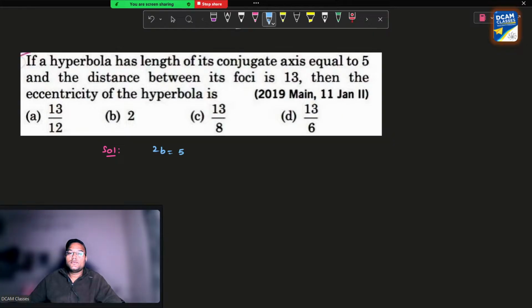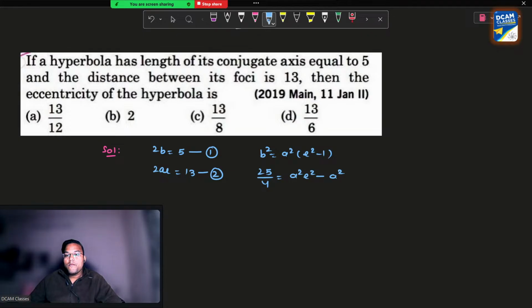2b is equal to 5e, when the distance between the foci is 2ae is equal to 13. B square is equal to, it's very easy, 25 by 4 is equal to a square e square minus a square. 169 by 4 minus a square is equal to 25 by 4.